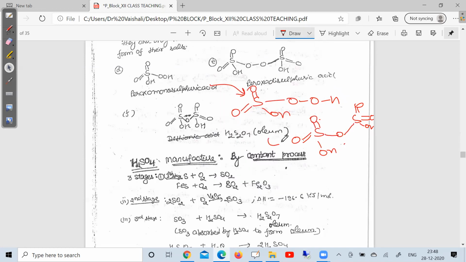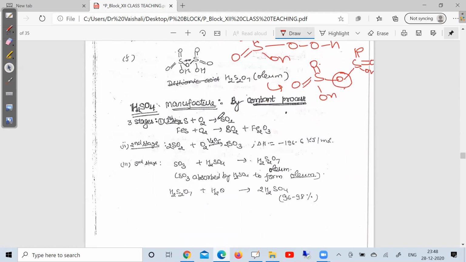So this is oleum. And in peroxo disulfuric acid, only you change over there. Instead of one oxygen, you write two oxygens, because it is peroxo. Peroxo means two oxygens are directly linked with a single bond.